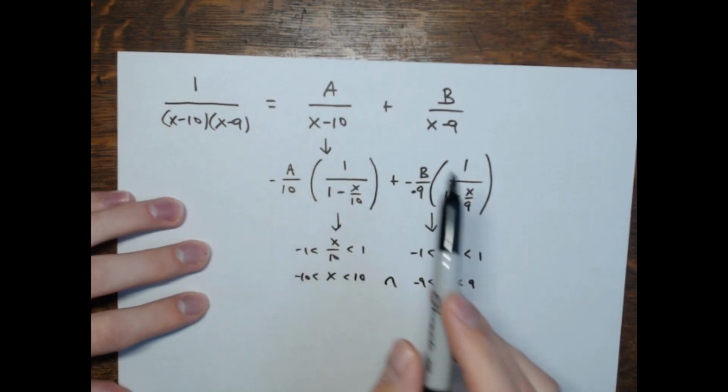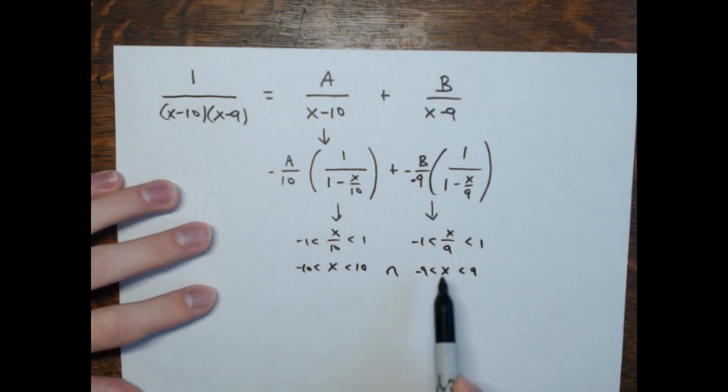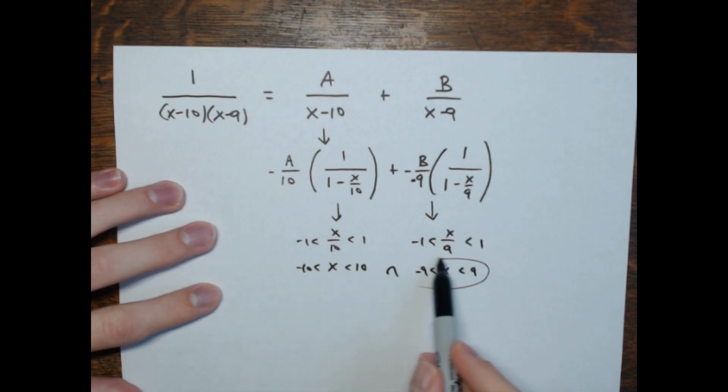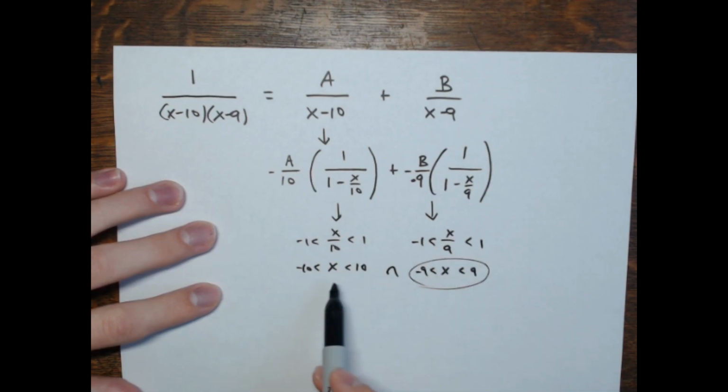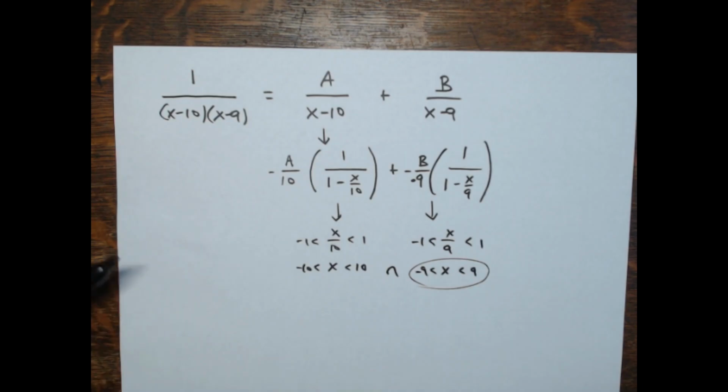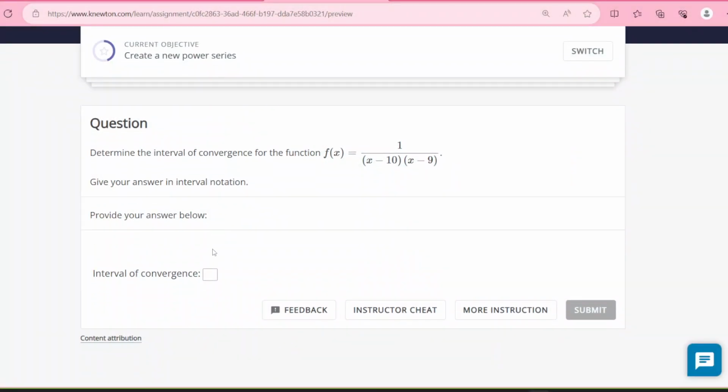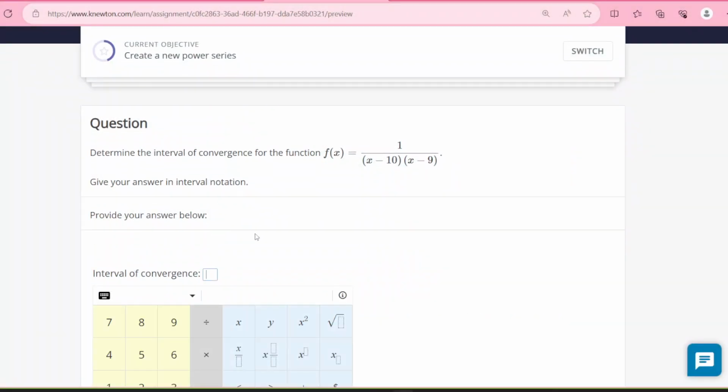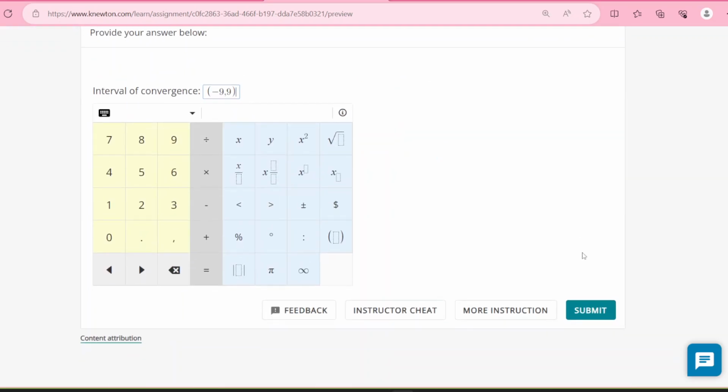In order for both of our series to converge to this function, both parts of this sum, we need the intersection, which will just be these values from negative 9 to 9, right? These are the only ones they share. So the interval of convergence here is just the values between negative 9 and positive 9, right? So parentheses, negative 9, comma, positive 9, close parentheses.